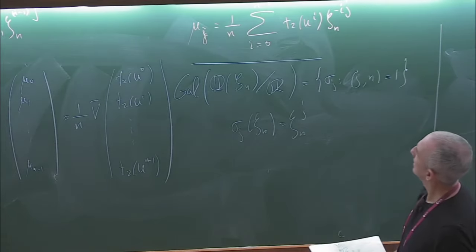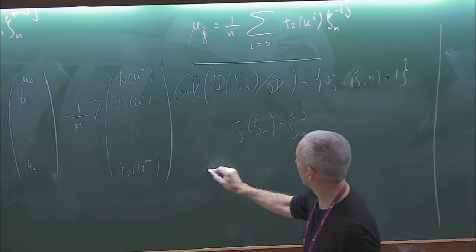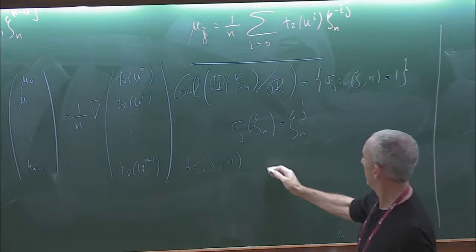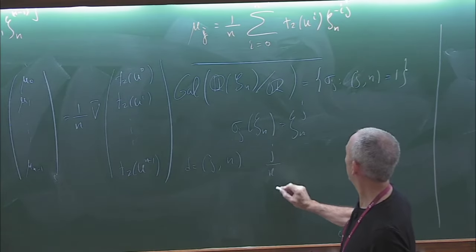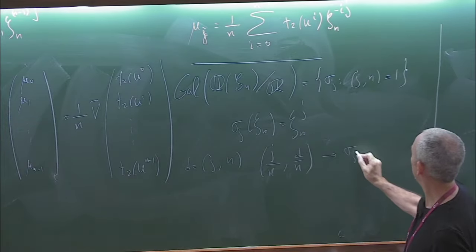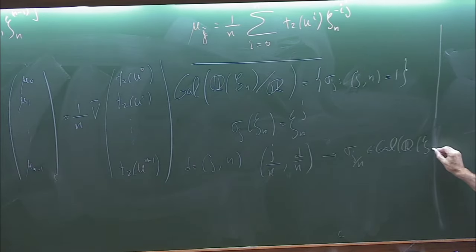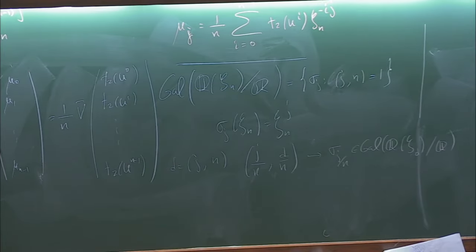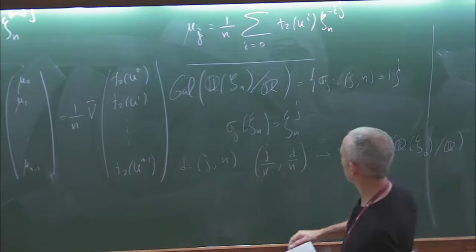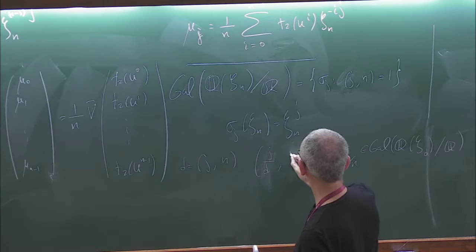And well, if I start with any j, and I take the greatest common divisor d with n, then j over d is coprime with n over d.